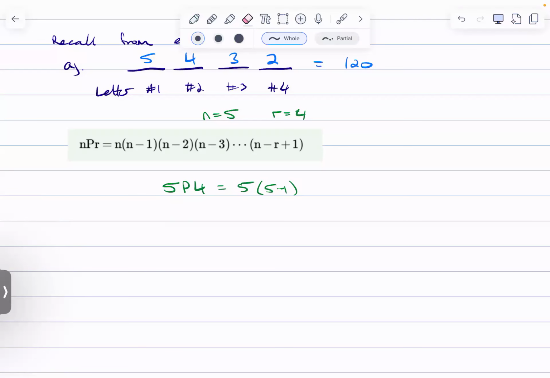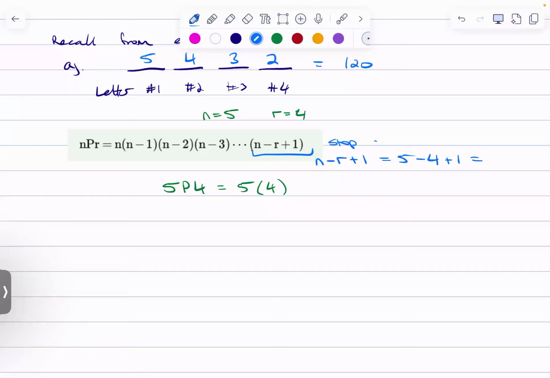Maybe it'll be cleaner if I just write 4 right away. Usually I like to do the last one first so I know when to stop. So n minus r plus 1 in this case is 5 minus 4 plus 1. So I'm going to stop at 2. So 5 times 4 times 3 times 2.